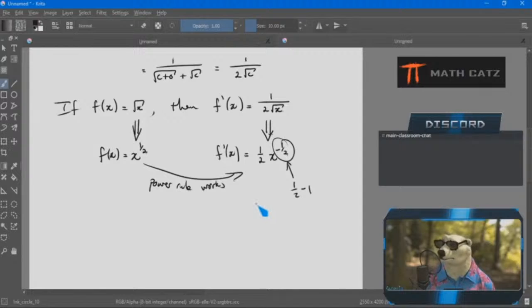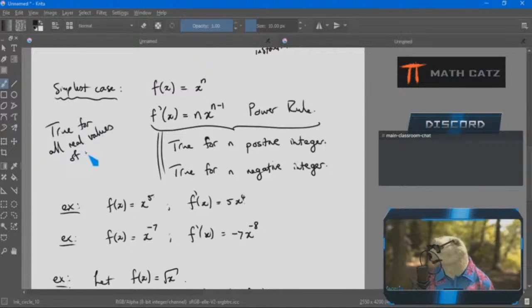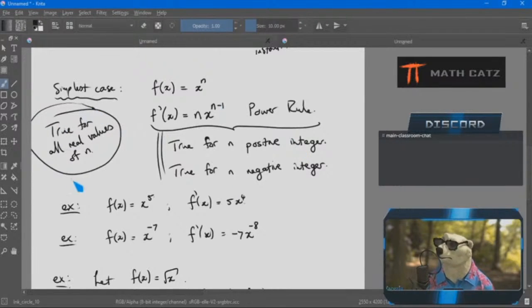And in fact, that's true for all the fractions. In fact, I'm just going to put it over here. Power rule is true for all real numbers, real values of n. Yes, integers, negative, positive, fractions, anything at all. The power rule works.